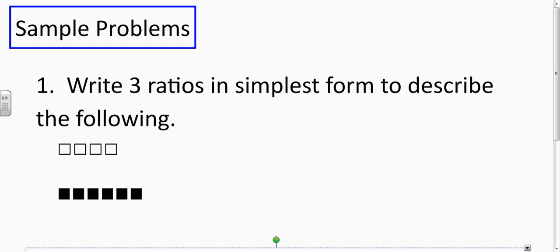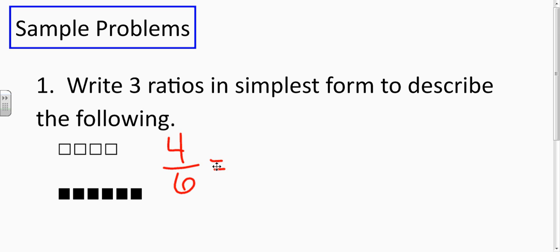So let's look at some samples. We want to write 3 ratios in simplest form that describe this figure here. So I could say there are 1, 2, 3, 4 white squares to 1, 2, 3, 4, 5, 6 black squares, but that won't be in simplest form, so I would reduce that to 2 to 3. So for every 2 white squares, there are 3 black squares.